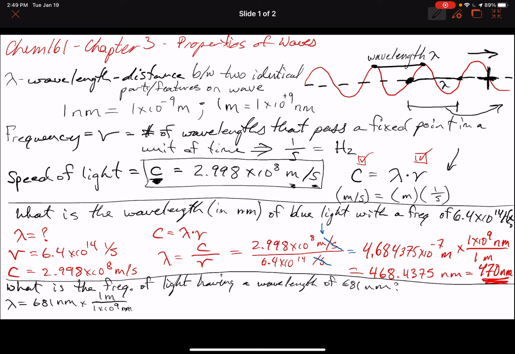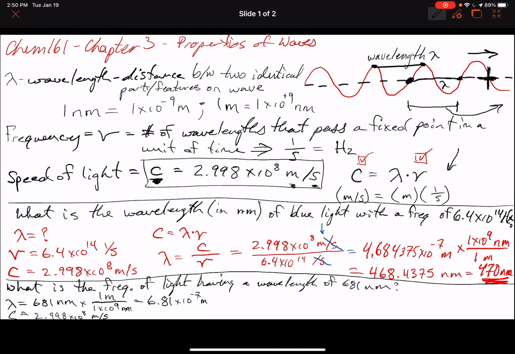So we're dividing by a billion, and so this makes this number 6.81 times 10 to the minus 7 meters. We recall our constant from above, the speed of light, c is equal to 2.998 times 10 to the 8 meters per second, which means we have 2 out of the 3 needed in our equation, and we can now solve for frequency.